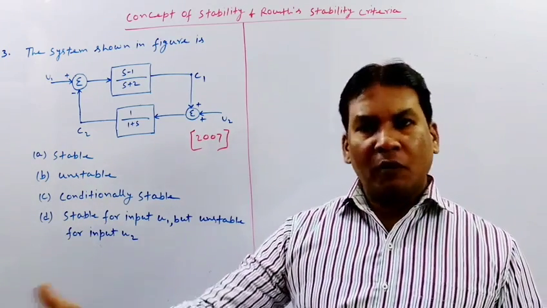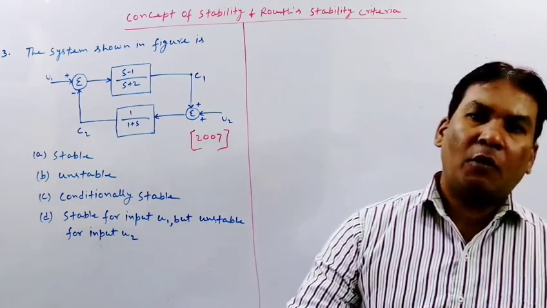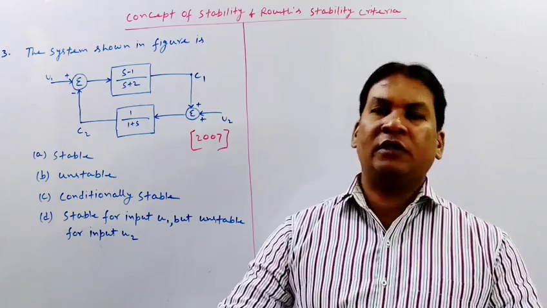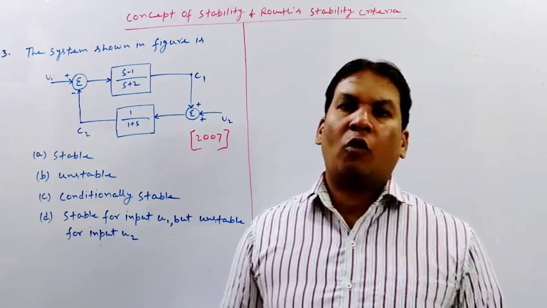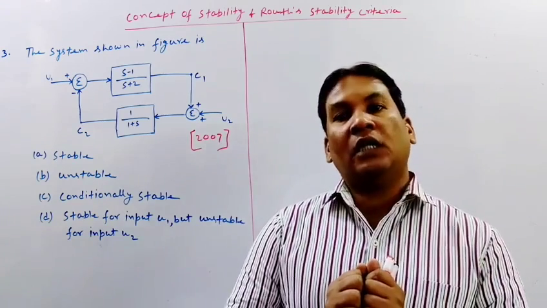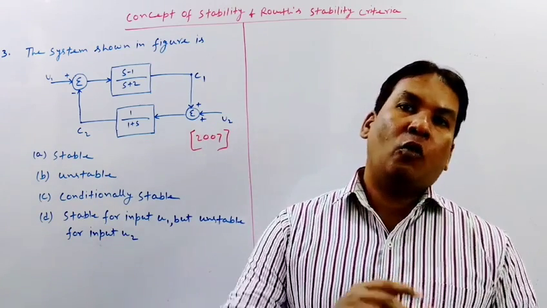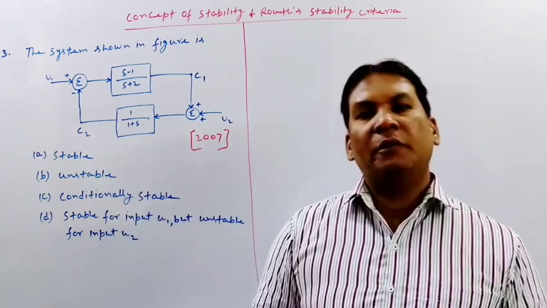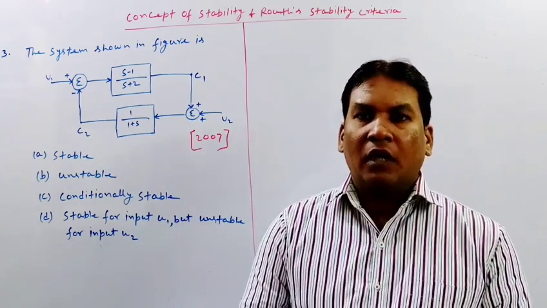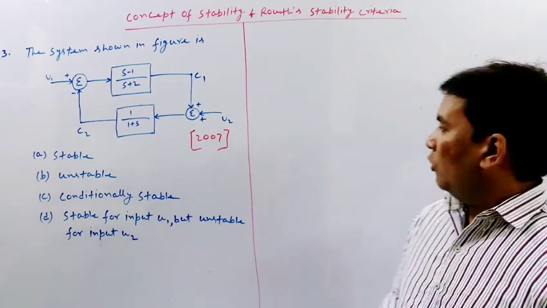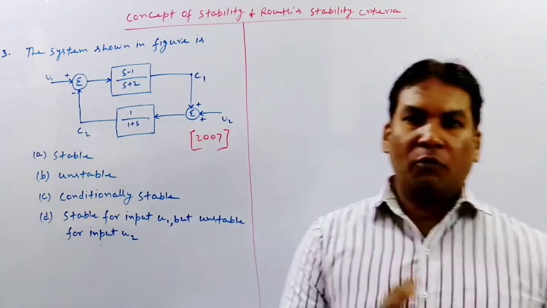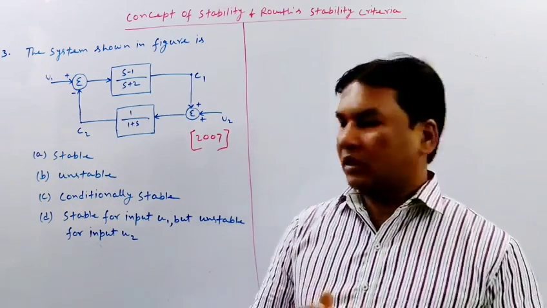Here the input is the pedaling and the output is the speed of the cycle. If it doesn't stop, and its speed keeps increasing, then we say the cycle is an unstable system. So these two criteria must be satisfied by a stable system, otherwise the system will be unstable.